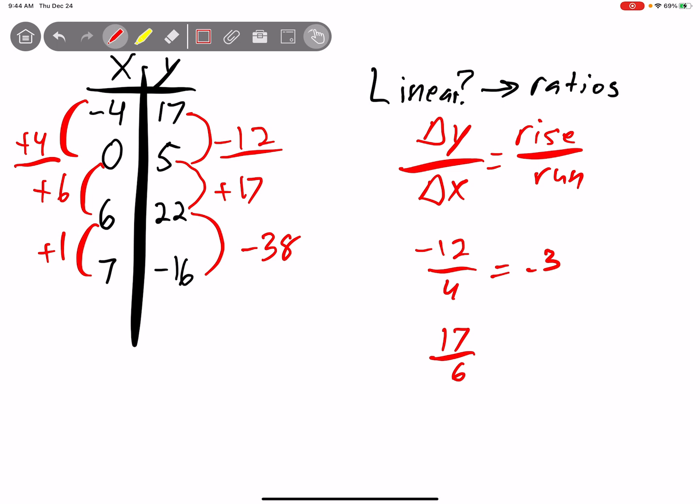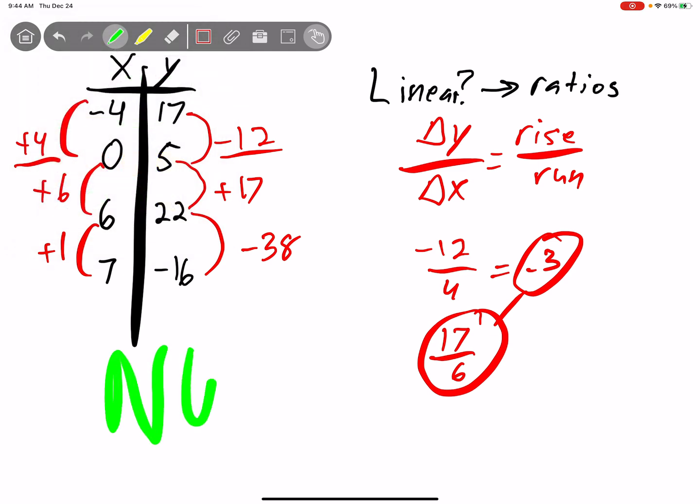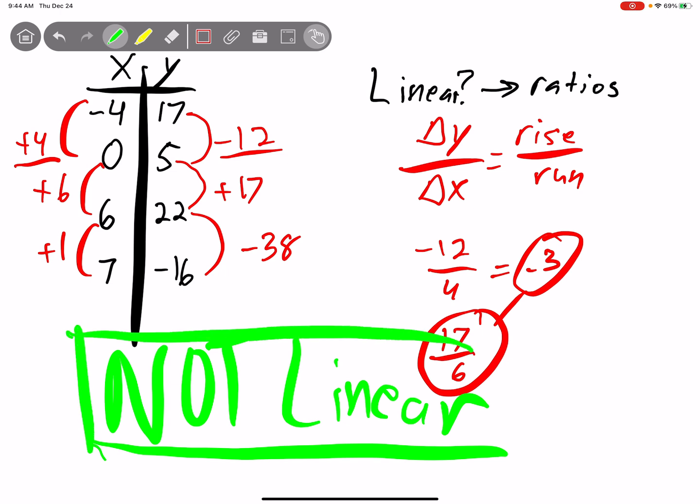I can't even reduce that. I can change it to an improper fraction. But 17 over 6 is clearly not equal to negative 3. So because these are not equal to each other, this is not linear. This table does not represent a linear relationship. I cannot derive a linear equation from here. So I would write not linear as my answer.